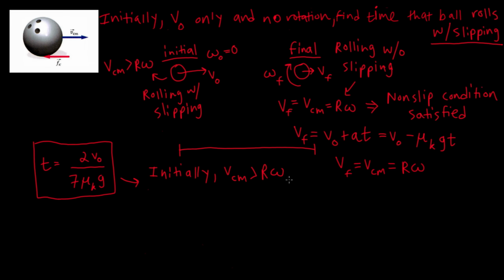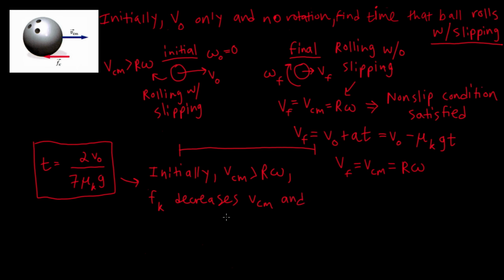And that's because the angular speed was 0 and the initial velocity was greater than 0. And so since this was the case, that means that the non-slip condition was not satisfied. So then the force of kinetic friction is going to try to oppose this velocity.